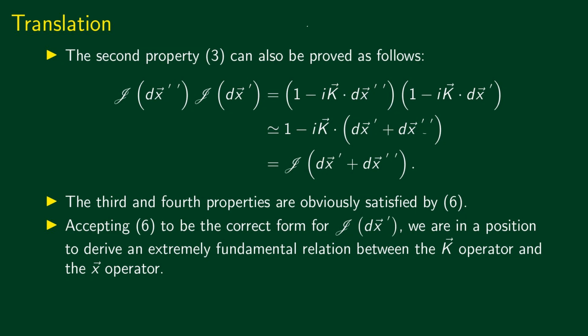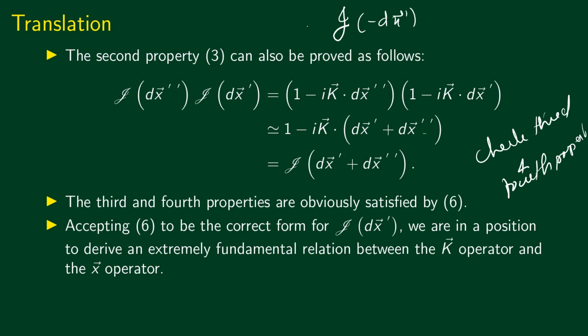Now I leave it as an exercise to check the third and the fourth properties. Check third and fourth properties. Now the third property I think was this: if I take j of minus dx vector prime, I should get j inverse of dx vector prime. You can check this.